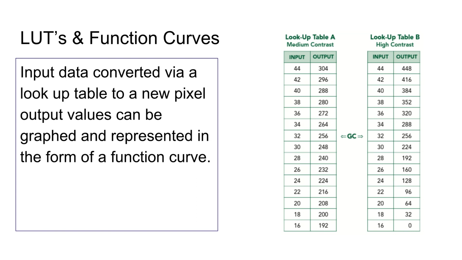So how might this work? So imagine you have lookup table A and lookup table B. And they each represent a different type of contrast. We have a medium contrast and a high contrast. And the assumption is that the column to the left that's not here was your initial image.